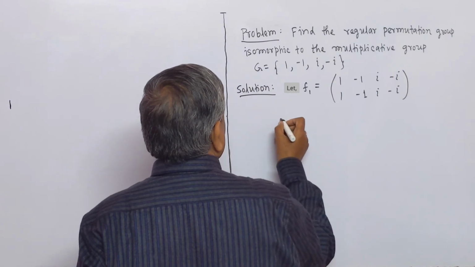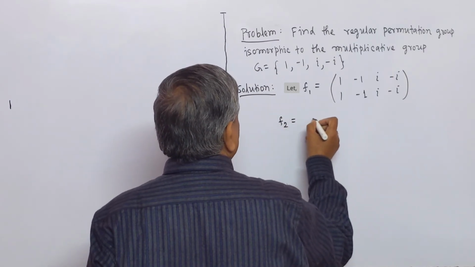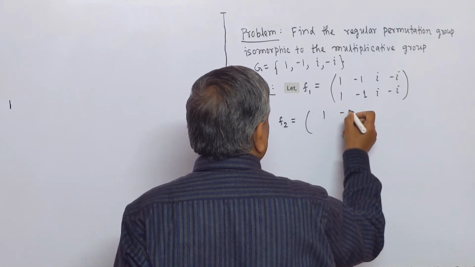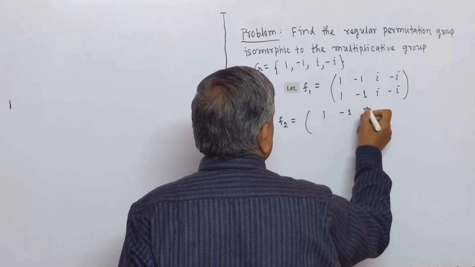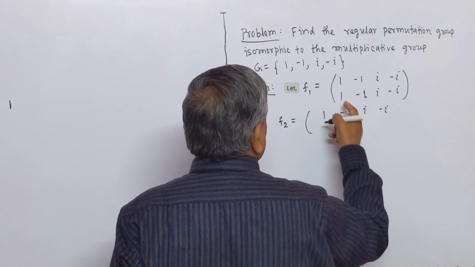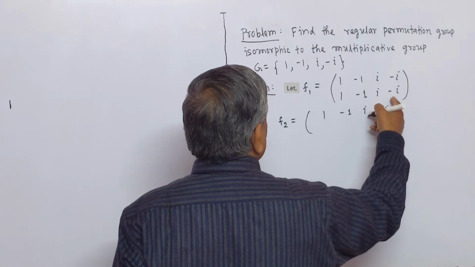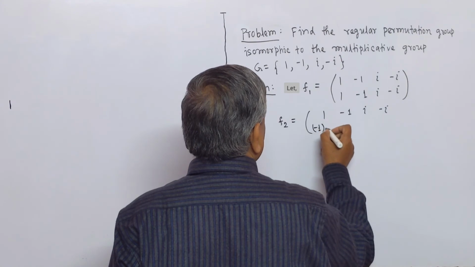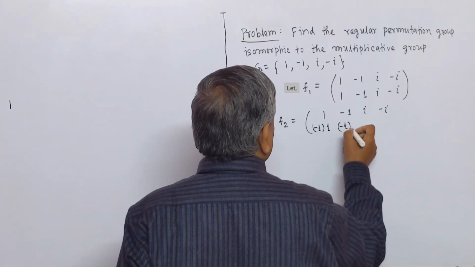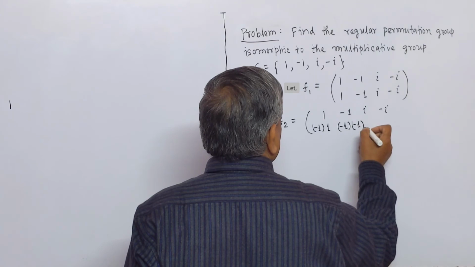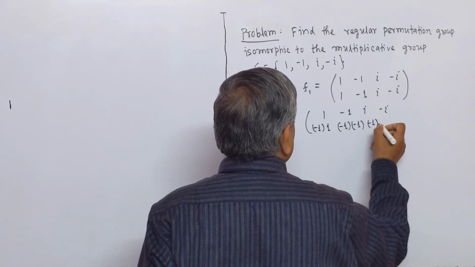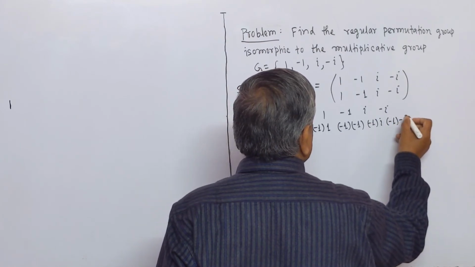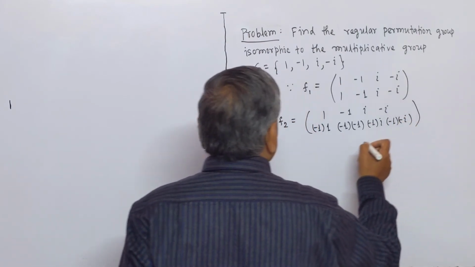Now F2. F2 is obtained by multiplying all these images firstly by -1: 1 multiplied by -1, -1 multiplied by -1, i multiplied by -1, -i multiplied by -1.